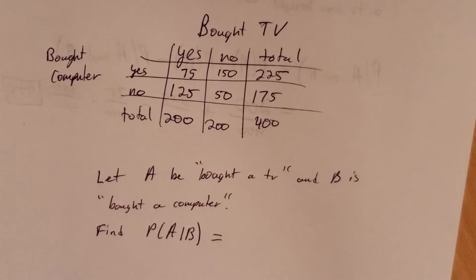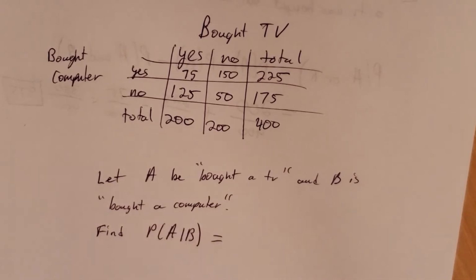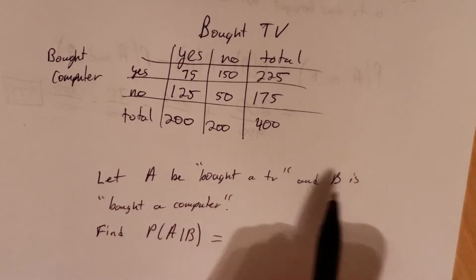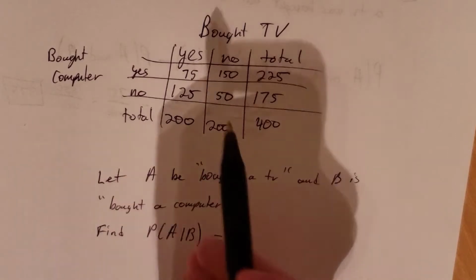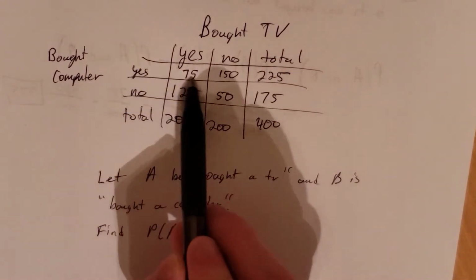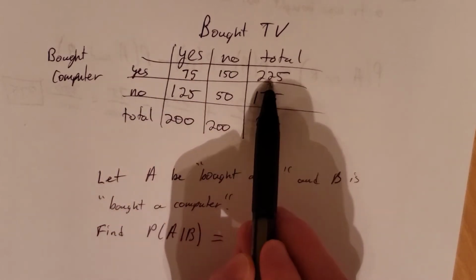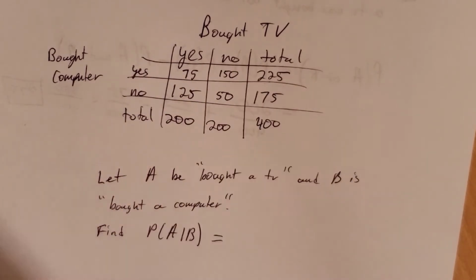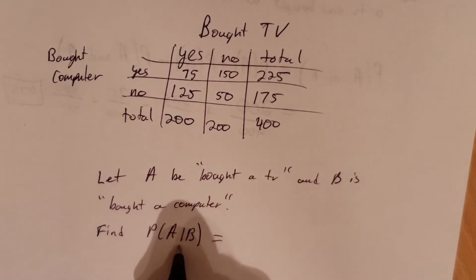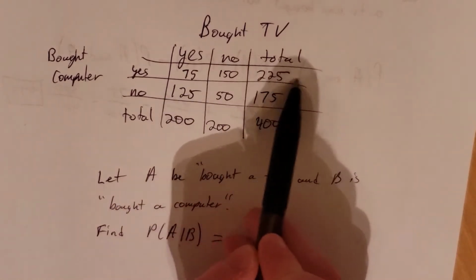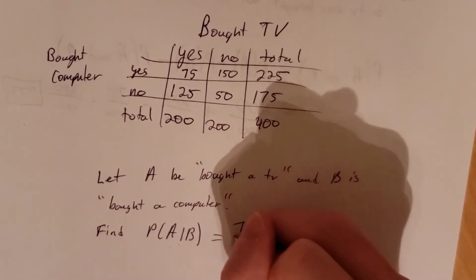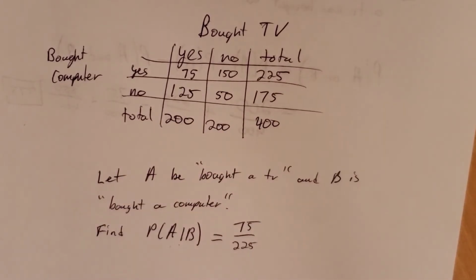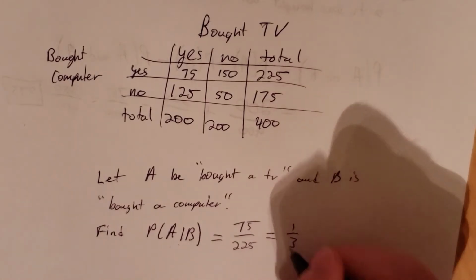Probability of A given B means we are supposing that the person bought a computer. So we reduce our data set to only the people who bought a computer. If we look at that data set, that is just 225 total people. So the probability that somebody bought a TV given that they bought a computer means that we only look at the people who bought a computer. Then of those, how many bought a TV? Well, that was 75 out of 225, or in other words, 1/3.